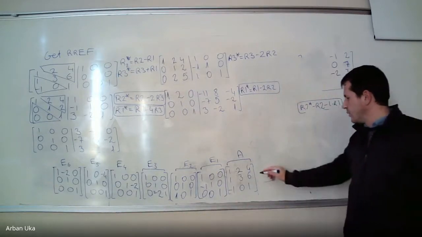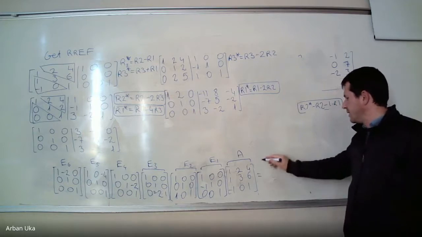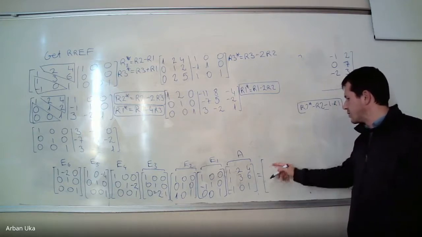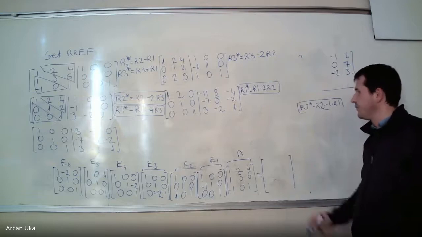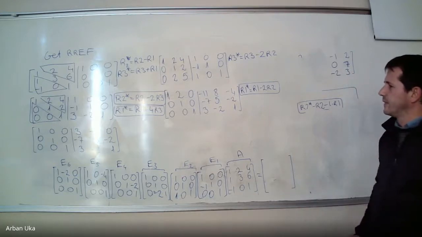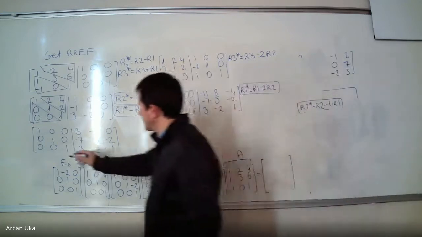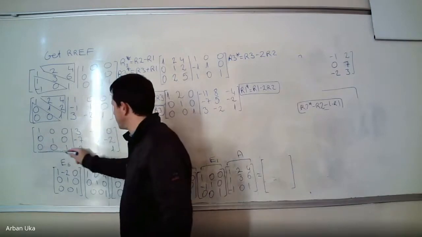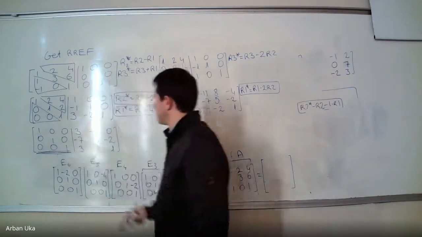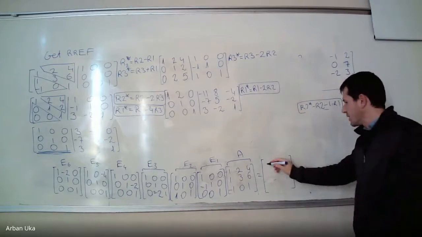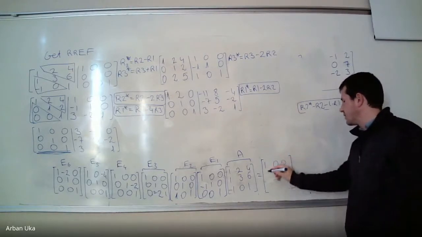So then, what do we get in the end? What did we get? I think we got the identity matrix. Correct. So in this, we got the following.